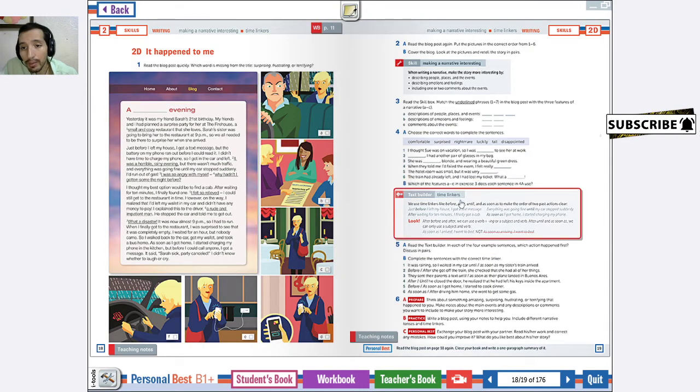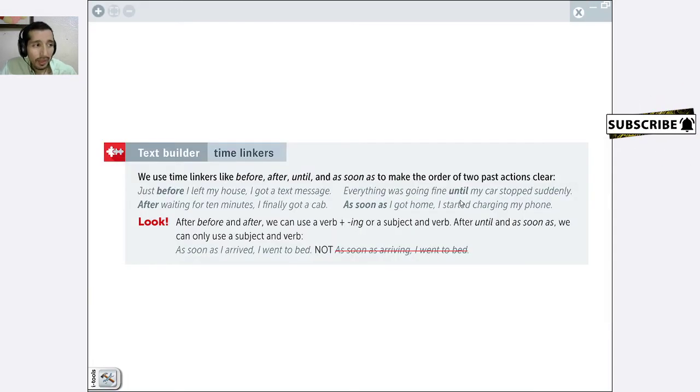as you already know, you go directly to this section. Boom. Here we go. Sorry, my voice changes a little bit, you know that. Text builder, or time linkers, or connectors, in other words, also.